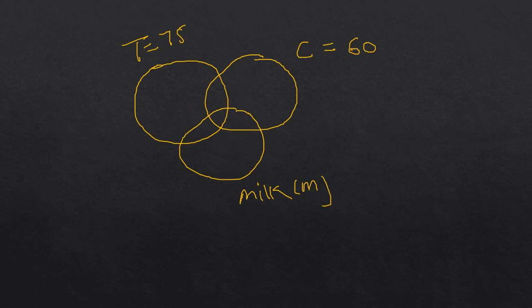Currently we don't know about the milk, but one thing is given, no person takes tea and milk. So this is a 0, right? And both, the condition of both means tea and coffee is 15. Tea and coffee, both number of persons 15.